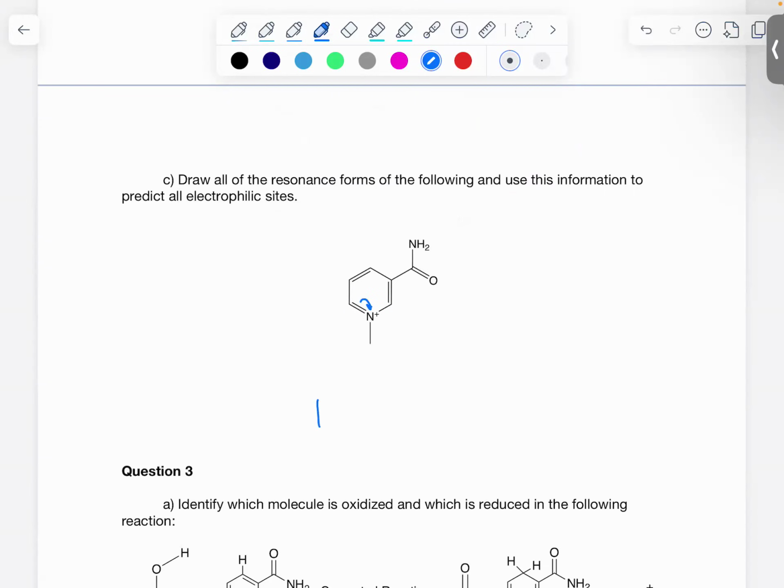And so our first structure, we have this cation, can have this cation, and one last one.